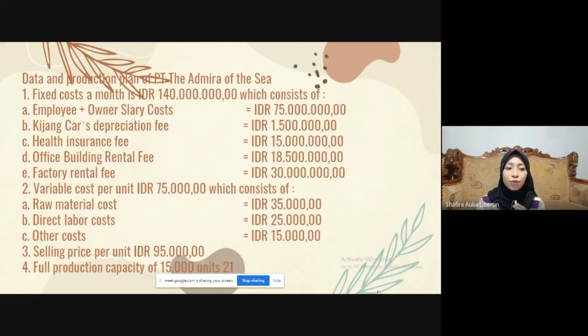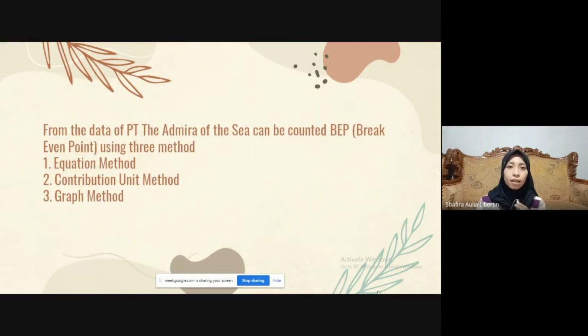And the next is variable cost per unit, which is IDR 75,000, consisting of raw material costs, direct labor costs, and other costs. The third is selling price per unit, which is IDR 95,000, then full production capacity of 15,000 units.